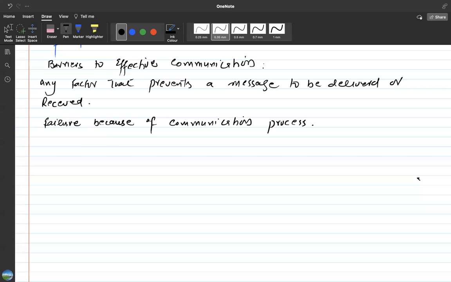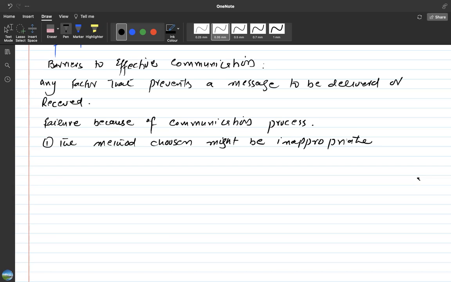For example, the method chosen might be inappropriate. If the message contained technical language or a flow diagram, trying to explain those over a mobile phone could not be delivered.